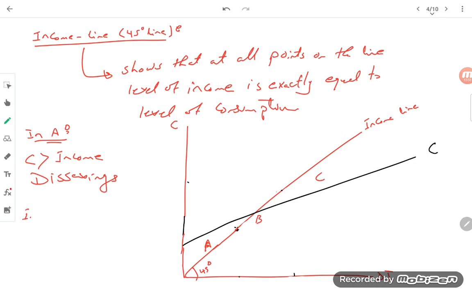Point B is the point of intersection of the consumption and income line. At this point, consumption equals disposable income, so this is the break-even point. In area C, income is greater than consumption, so there is savings, or positive savings.